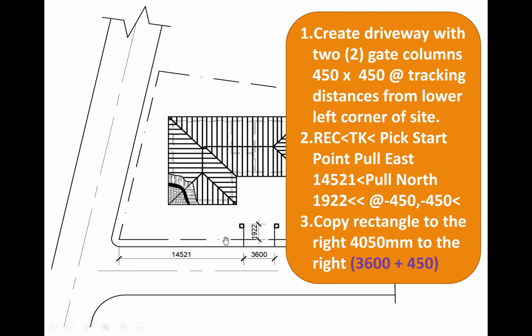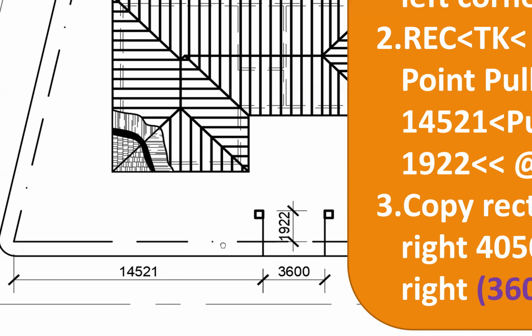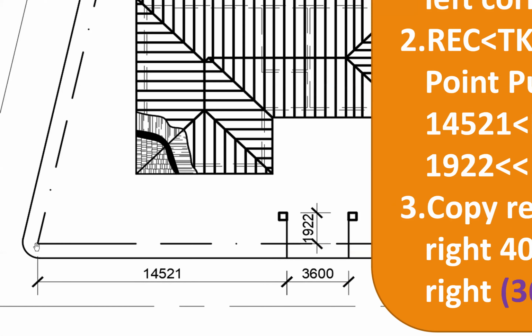I'm going to zoom in right here so you can see exactly what we're doing. We're going to start from right here, track this distance, go across, and then track this distance going up, which is 1922, and then at negative 450, comma, negative 450. We're going to do that in the wall layer. So let's do the wall layer correct.